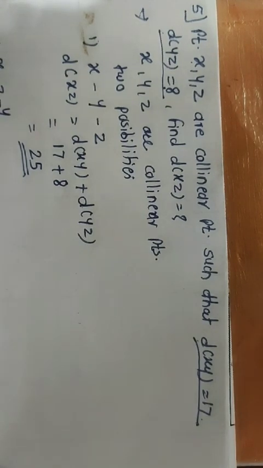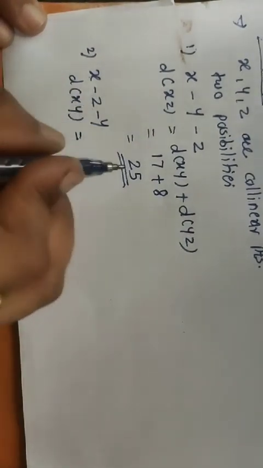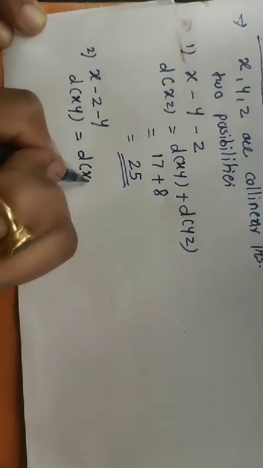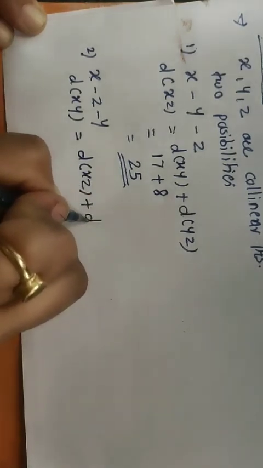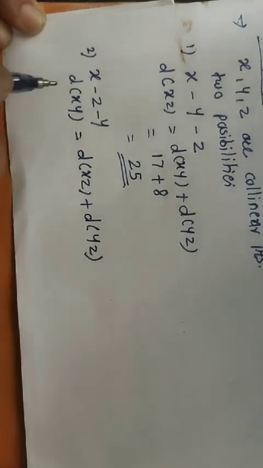And the second possibility is that point Z lies in between point X and point Y. So X-Z-Y. Then we get the relation: distance XY is equal to distance XZ plus distance ZY. Put the values now.